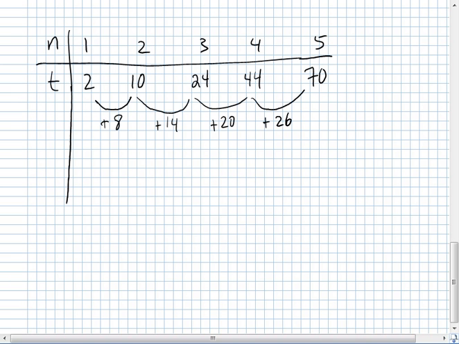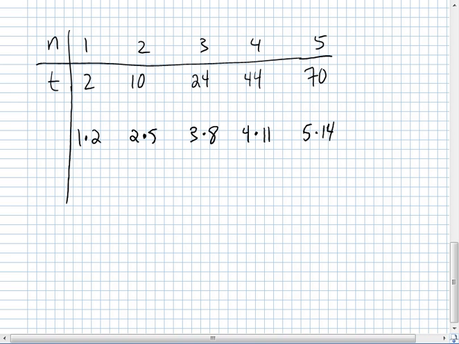Okay, so you again notice there is some kind of pattern here. First I add 8, then 14, then 20, then 26, and the number I add always keeps going up by 6. So some kind of pattern there, but I want to write it in terms of n rather than just some kind of random pattern like that. Okay, so the first term is 1 times 2, the second term 2 times 5, then 3 times 8, 4 times 11, 5 times 14, and so those numbers 2, 5, 8, 11, and 14 are a linear sequence.